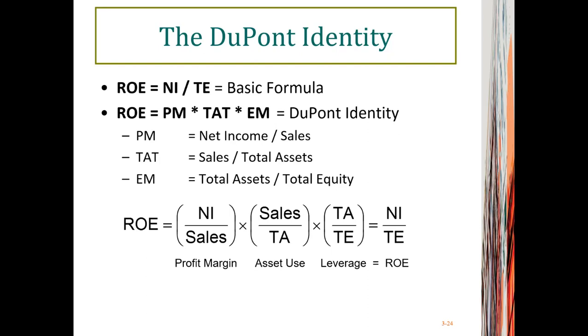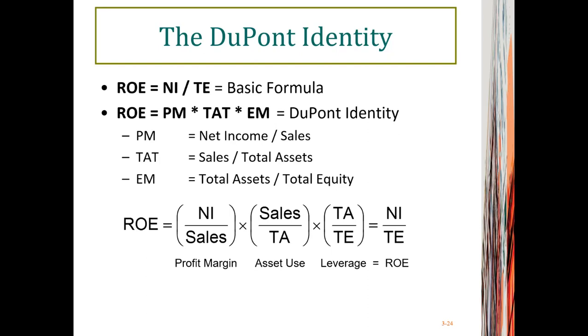And you can do the math here. ROE equals net income divided by sales, times sales divided by total assets, times total assets divided by total equity. Then you see sales cancel off, total assets cancel off. What's left is net income divided by total equity. That is the definition of ROE.